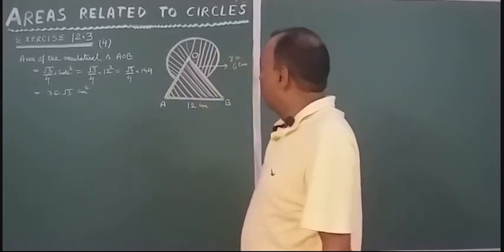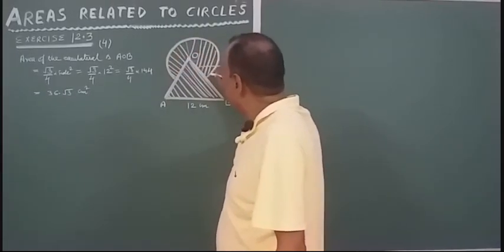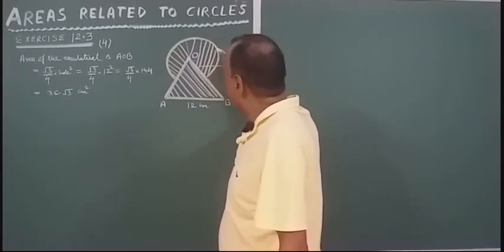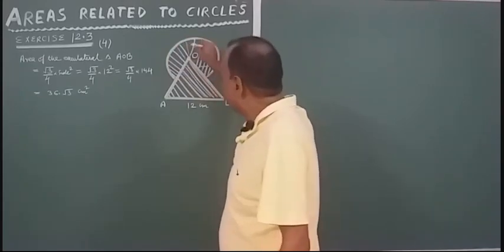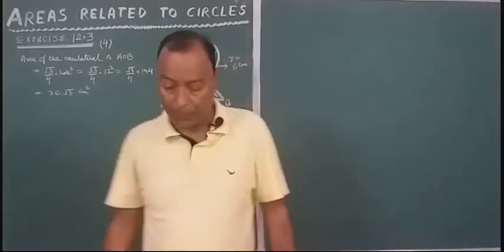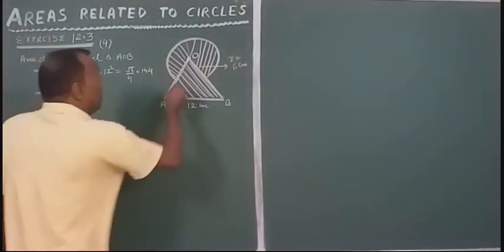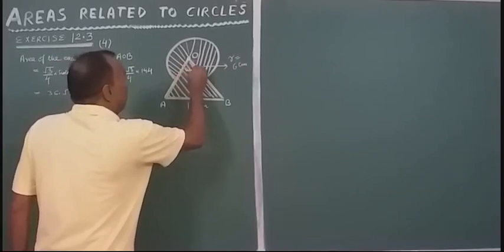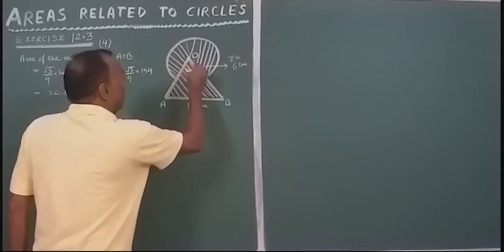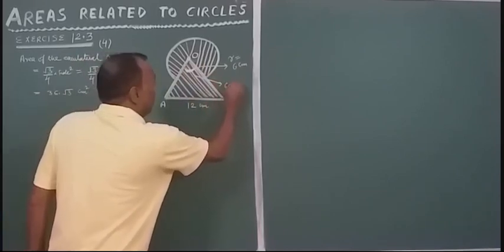Now we will find the area of this circular region. This is also the circular region, this one. Just consider this circular region. This angle of the triangle is how much? Equilateral triangle, it is 60 degree.